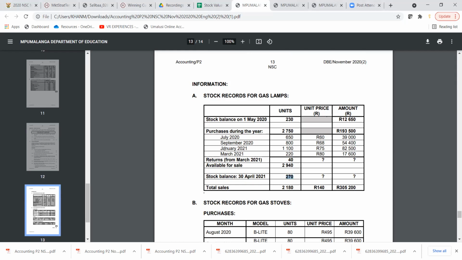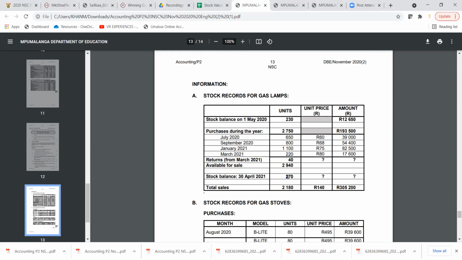The last purchase was March 2021. We bought 220, and of the 220 we returned 40. So what's on hand over here is 180. Our closing inventory will be based on the last purchases, so we start off with March 2021.